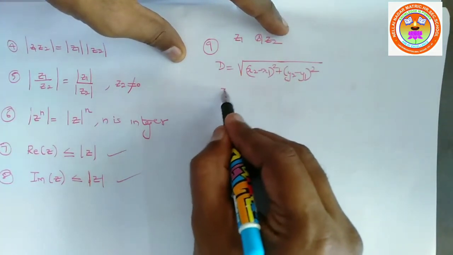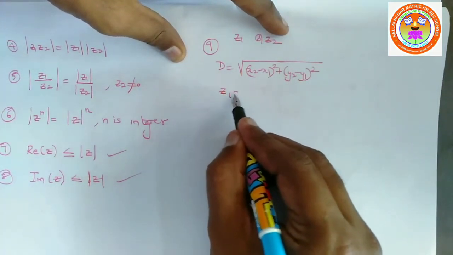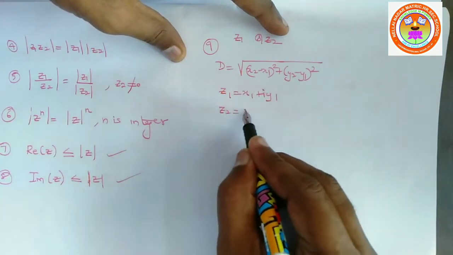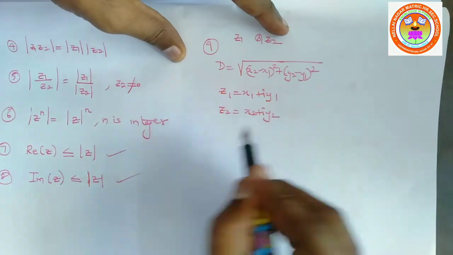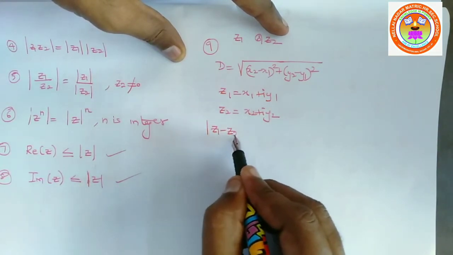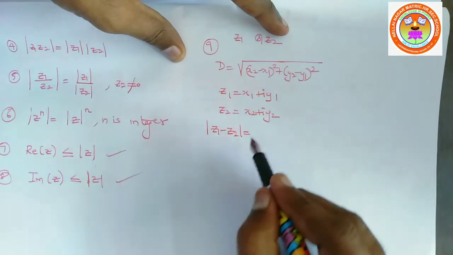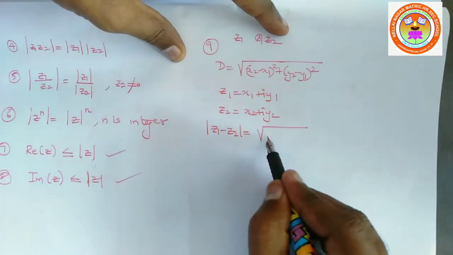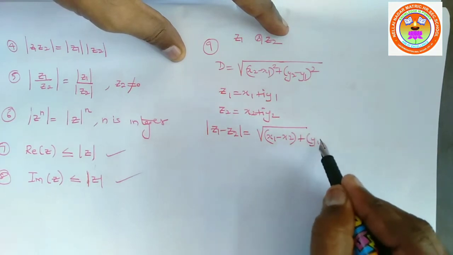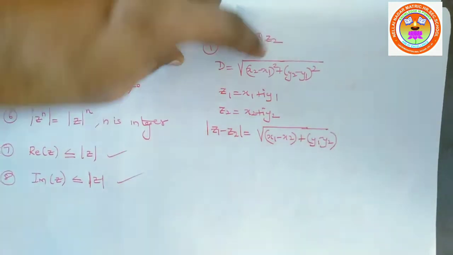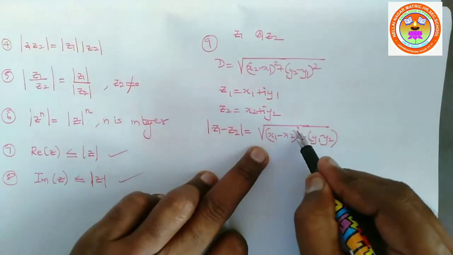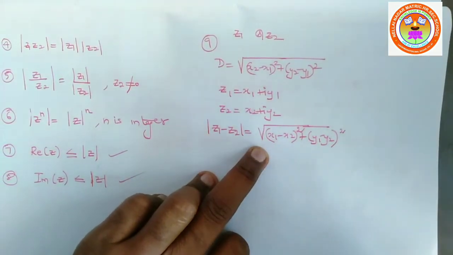If Z1 is equal to x1 plus iy1 and Z2 is equal to x2 plus iy2, I can find the distance as modulus of Z1 minus Z2, which is equal to square root of x1 minus x2 the whole square plus y1 minus y2 the whole square.